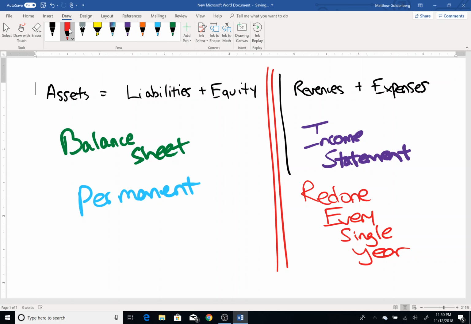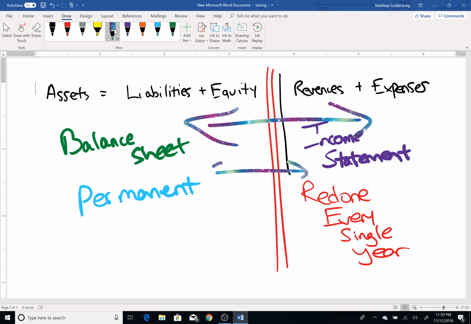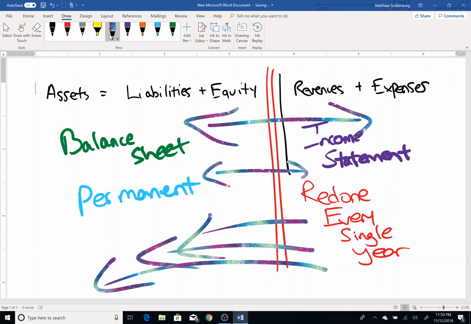So remember that division, but it's important to note as well that these two affect each other. Your income statement often changes your balance sheet.